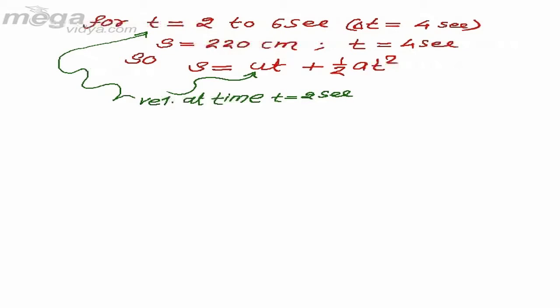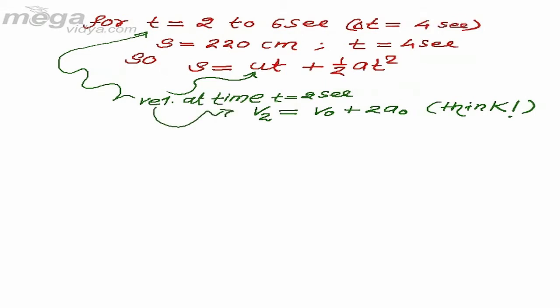So we will use this u to be v naught plus twice a naught. Remember, v naught is the velocity at t equal to 0, and a naught is the constant acceleration. So at any time the velocity of the particle, say v2, we will find using this equation.